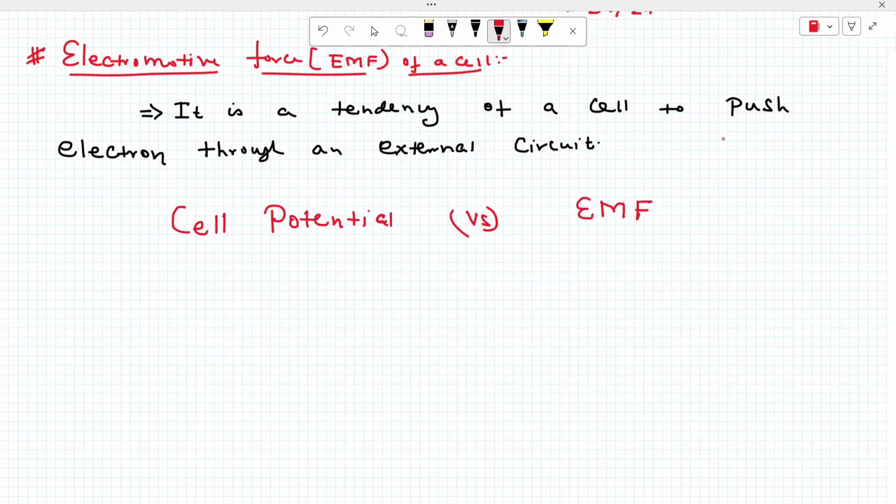Cell potential, EMF. Technically and concept wise, both are different. But in case of problem solving, in case of numerical purpose, both are same. Both use the same formulas. So cell potential and electromotive force both use the same formula. But conceptually both are different. But for numerical purposes, we can use both as same.